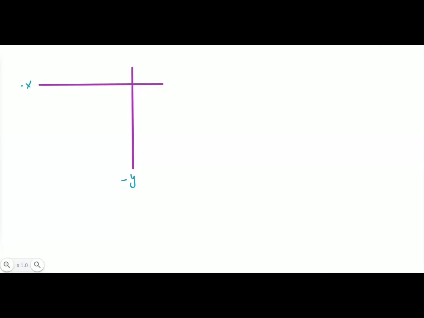So if both the x and y values are negative, then to find out the resultant angle, this total measured angle theta R will be equal to 180 degree plus the measured or the calculated angle theta.